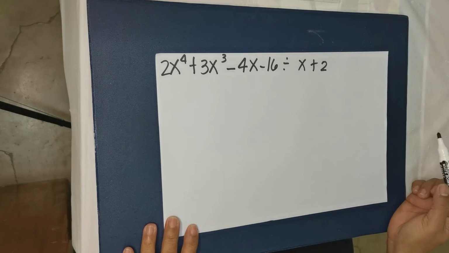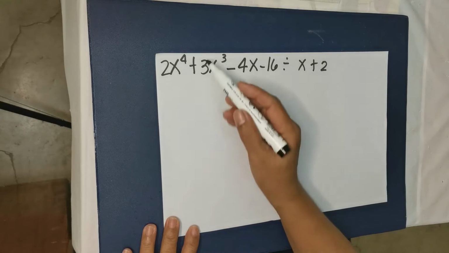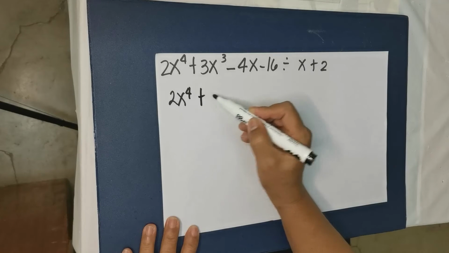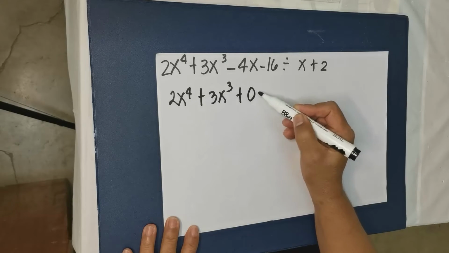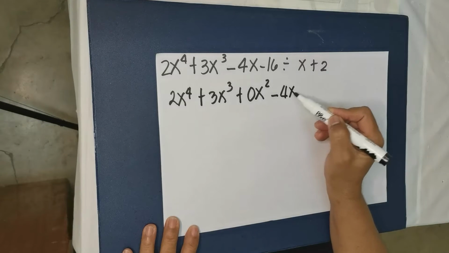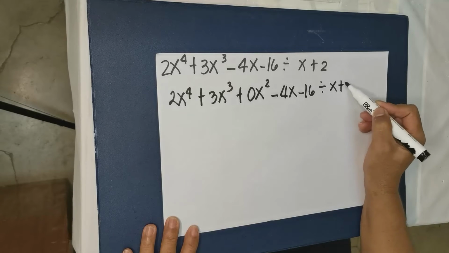So it means the numerical coefficient of your x squared is 0. So we have your 2x raised to 4 plus 3x cubed plus 0x squared minus 4x minus 16 divided by x plus 2.